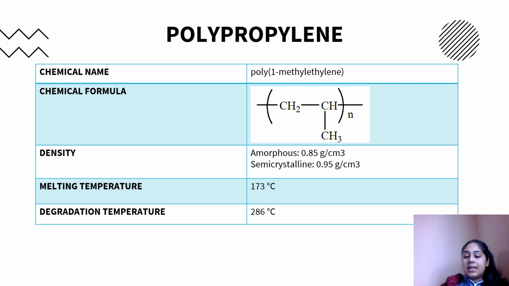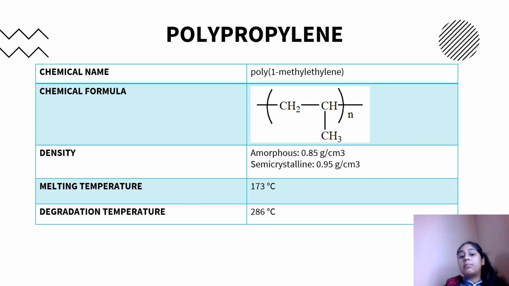It is a polymer with a main chain formed exclusively by carbon atoms, in particular a polyolefin, and its density is 0.85 grams per cubic centimeter when amorphous, and 0.95 grams per cubic centimeter when semicrystalline.